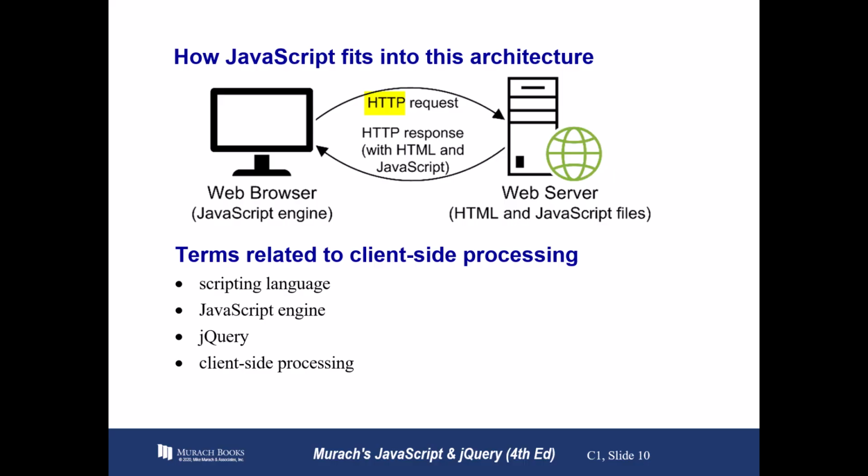This time, the page being returned as the HTTP response contains JavaScript, which is a client-side scripting language that is executed by the JavaScript engine in the browser. JavaScript allows more user interactivity with the web page through various effects, animation, etc. JavaScript can also be used to validate web page content to minimize the number of round trips to a server.